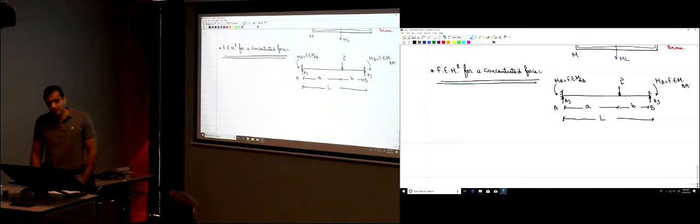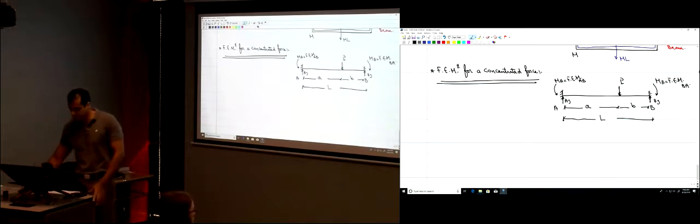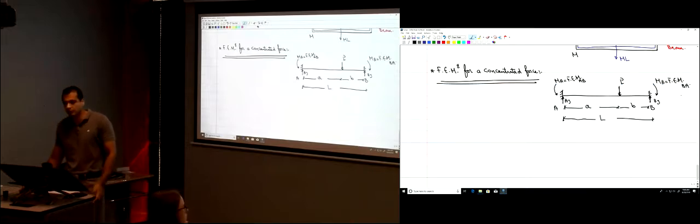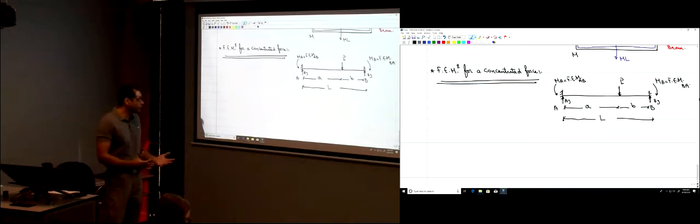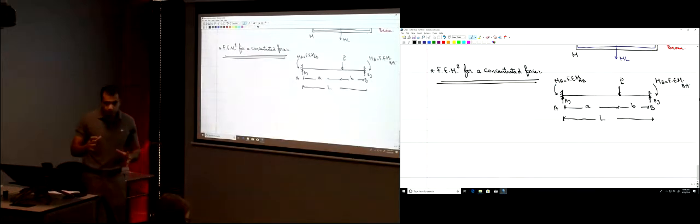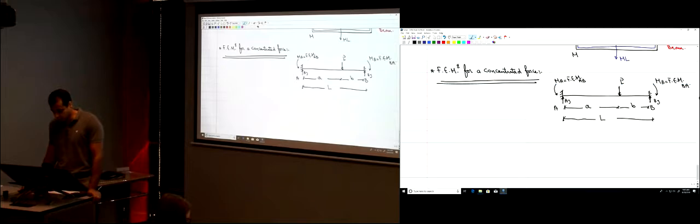So, how would we proceed? How would we study this problem? Again, we're just going to follow the same steps that we did in the previous two problems. We want to draw the bending moment diagram for this loading. It's definitely tough, so I'm just going to break it down into smaller loads or parts of the loads. So I'm just going to break this beam, using the concept of superposition, into P here.